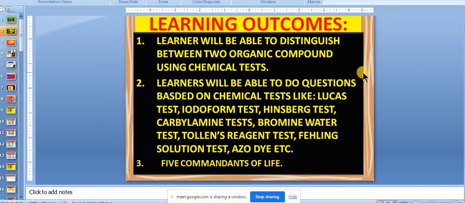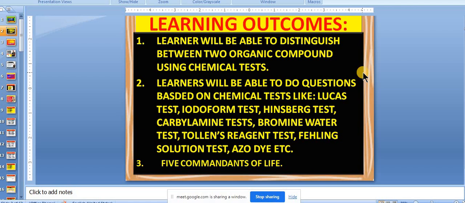The learning outcome from this session is that we will be able to understand how to distinguish between two organic compounds. Second, we have various tests in our syllabus: Lucas test, Iodoform test, Hinsberg test, Carbylamine test, Bromine water test, and similarly Tollen's test, Fehling solution test, and Azo Dye test.